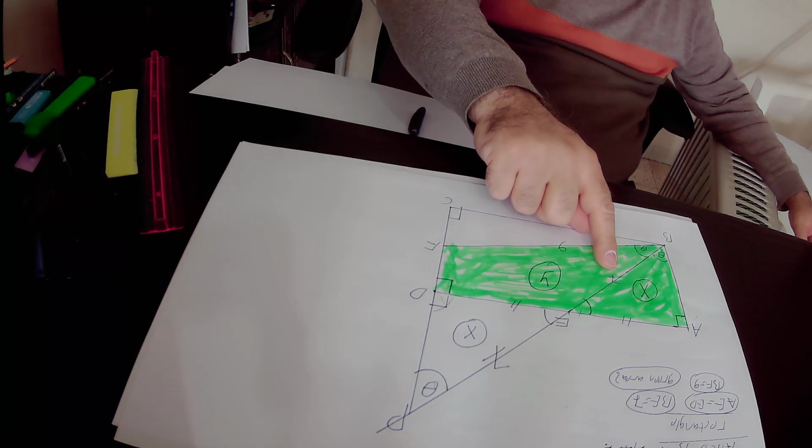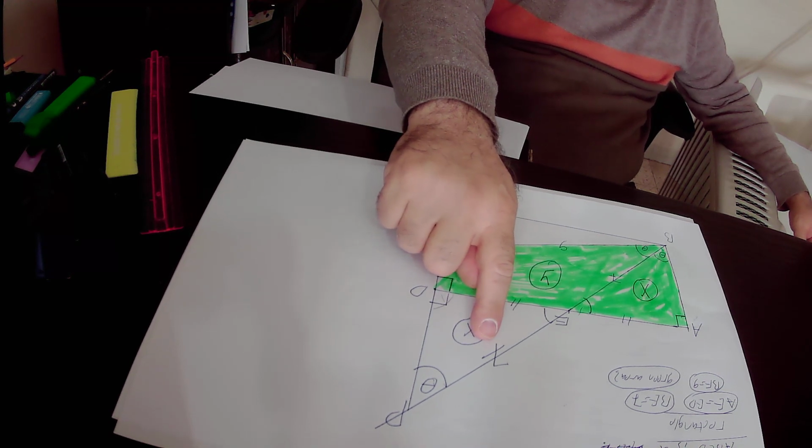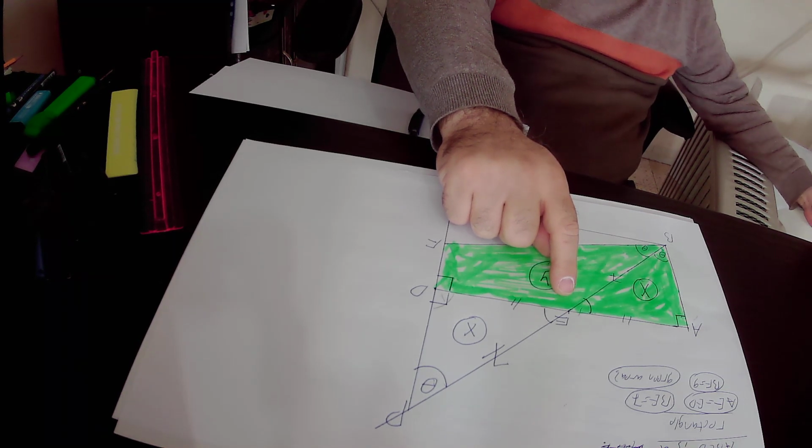This part of the base BP equals 7 units, and this part EP also equals 7 units. So point E is the point where the base BP is bisected.